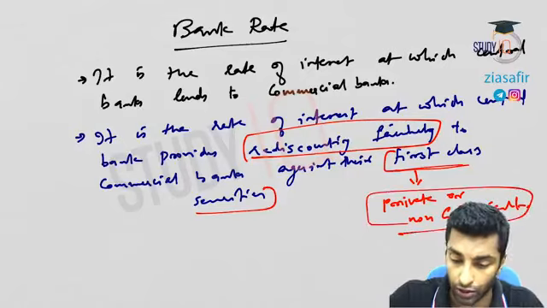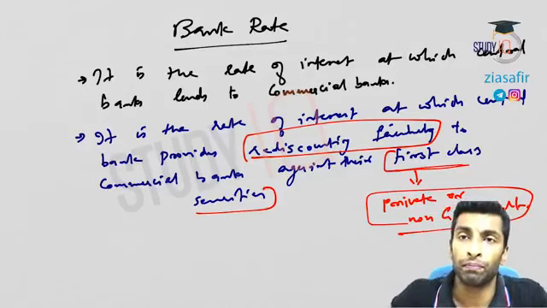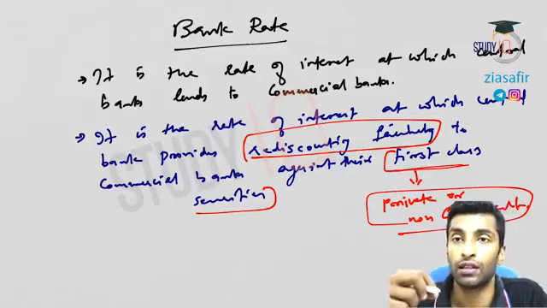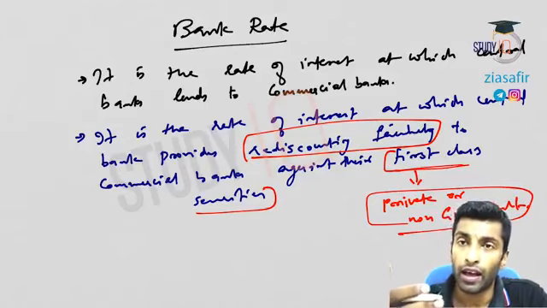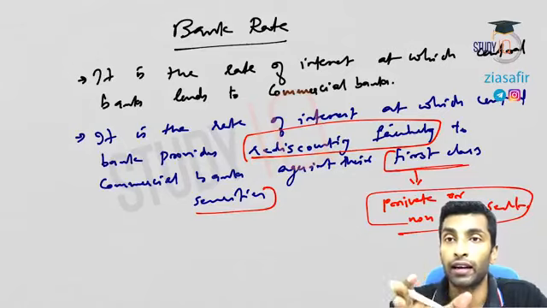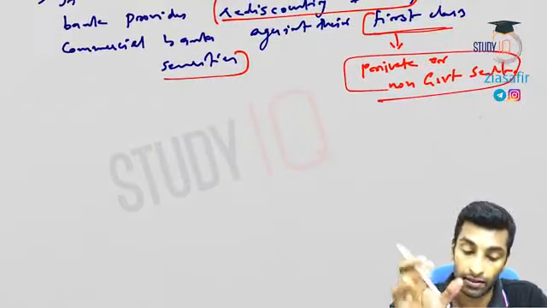So what banks will do, just like banks buy the government securities, banks will also purchase some non-government securities, and now banks can pledge this non-government securities or this first class securities. Okay, and banks can borrow from the central bank, and in bank rate this first class securities is what actually pledged in the central bank.